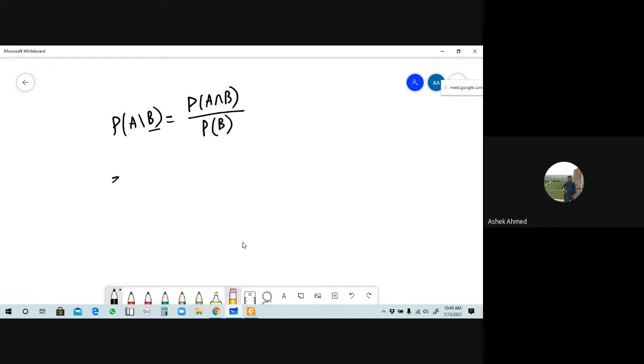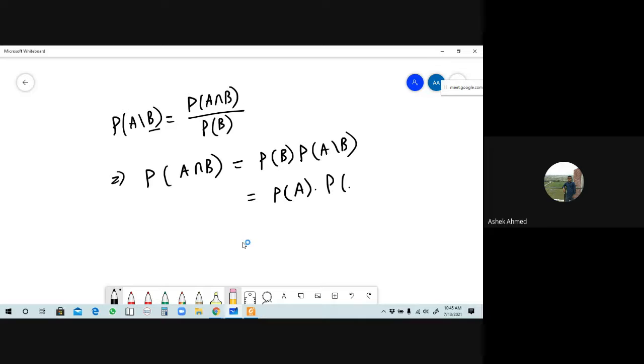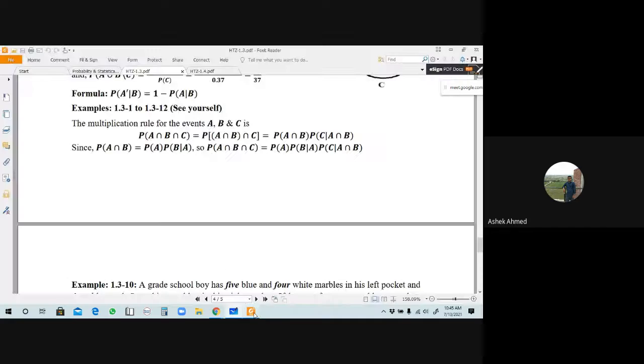From here we can say that probability of A intersection B equals probability of B into probability of A given B. In another way, we can write this as probability of A into probability of B given A also. Okay, this is our formula for conditional probability.